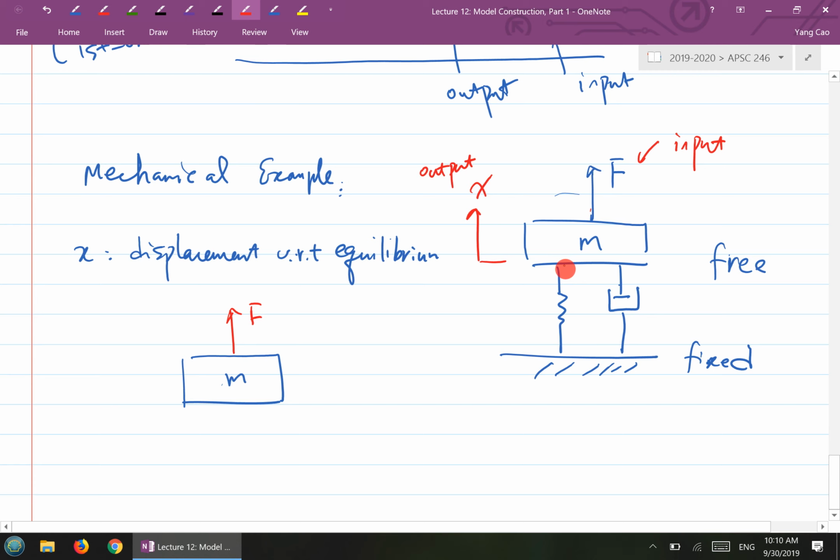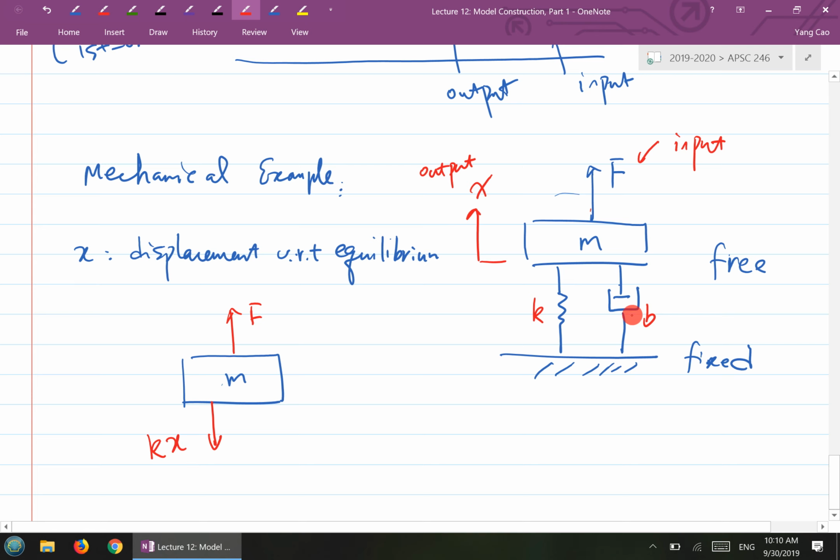Now you draw the restoring forces. This is K, this is B. The restoring force from the spring K is always in the opposite direction of x. So which direction should I draw it? Downwards. The magnitude of the restoring force is K times x.